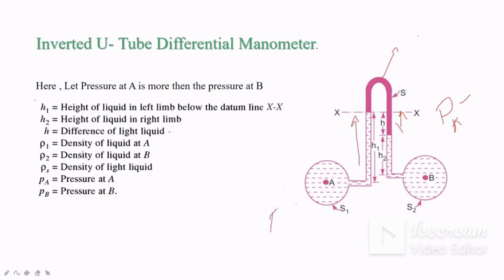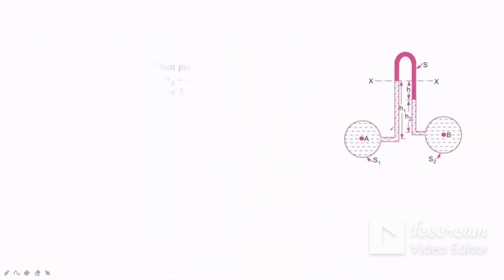What I am telling is, in the left limb the pressure will be Pa minus rho 1 G H1. In the right limb, what happens? Pb minus rho 2 G H2 minus rho s G H. So this will be the term.